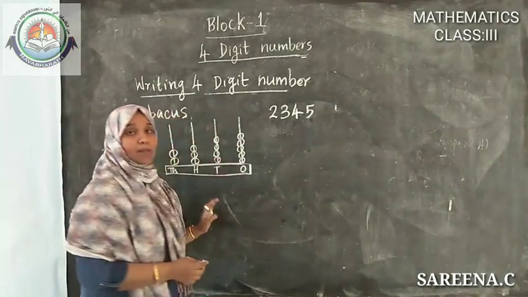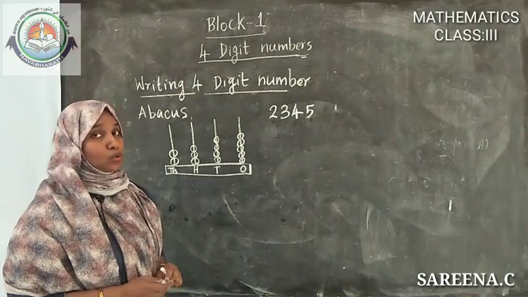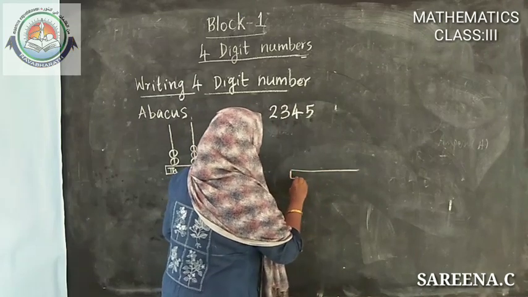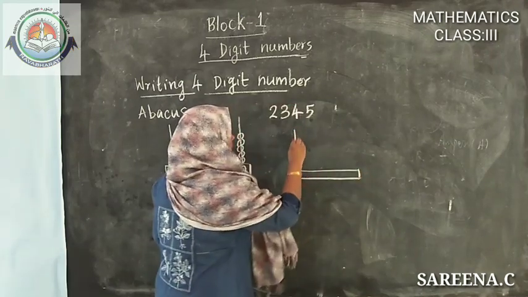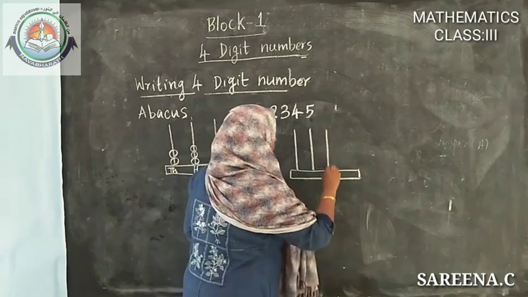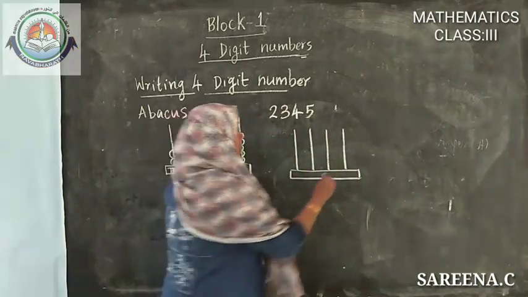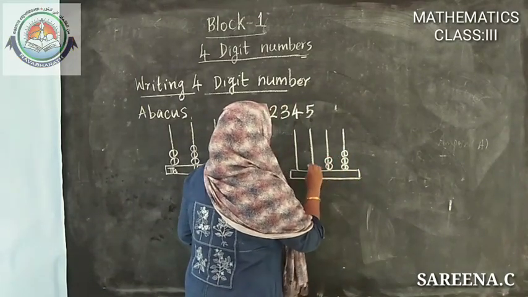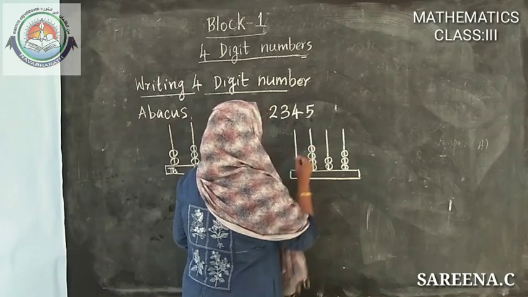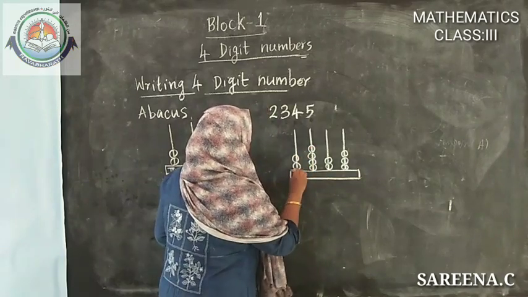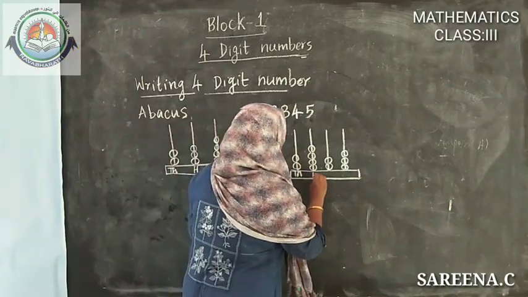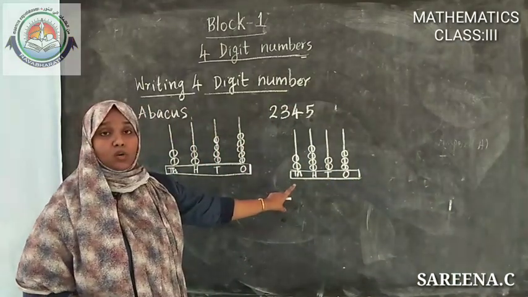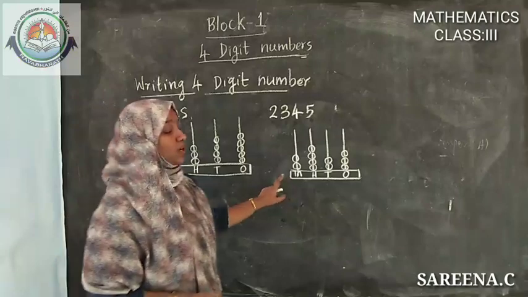If an abacus is given to us, can you write the 4-digit number? Here it is thousands, hundreds, tens, ones. Children, can you say which 4-digit number this is?